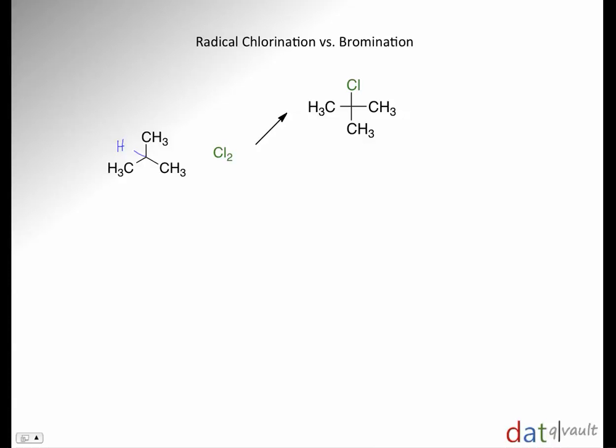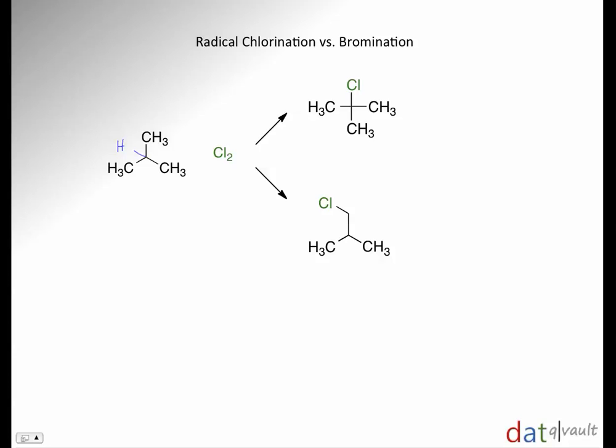We can get chlorination at this central tertiary carbon, and we can also get chlorination at one of the primary carbons. If you remember the previous slide, we know that tertiary radicals are going to be more stable than primary radicals, and we must form at least one of these during the chlorination process.